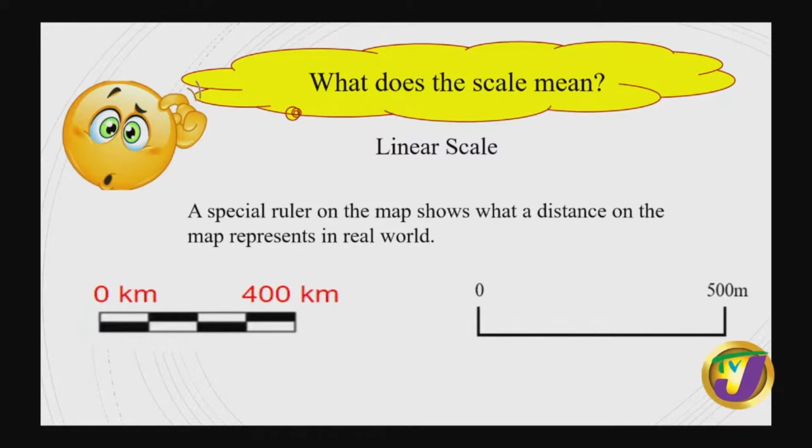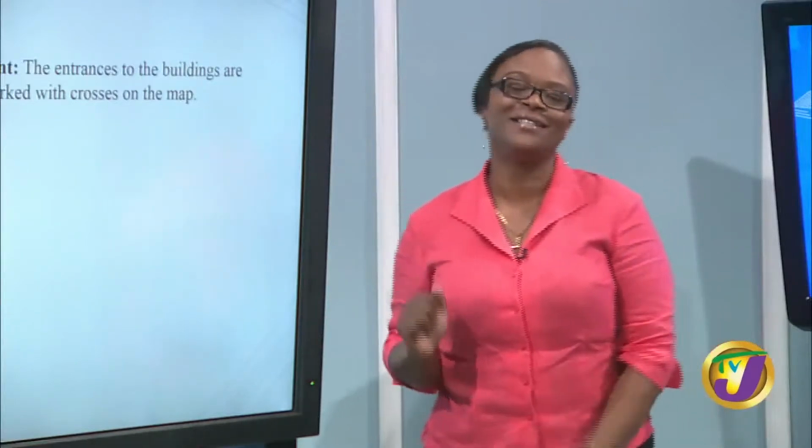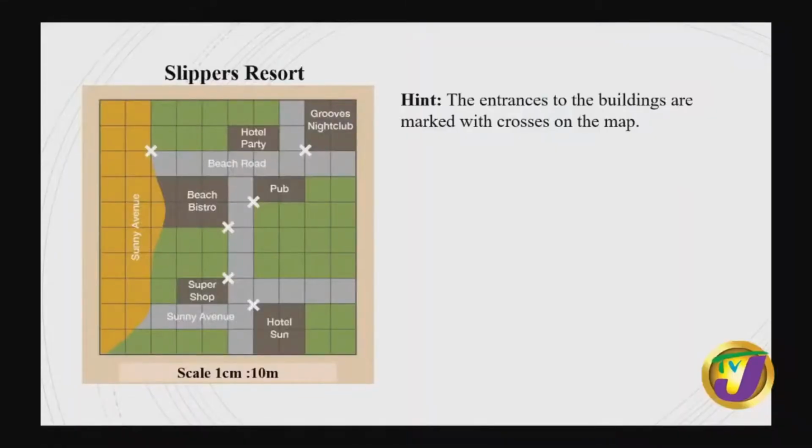So let's see how we're going to be using this information. Now here we have this resort. It's called Slippers Resort, right? And here's a hint. The entrances to the buildings are marked with a cross on the map. So wherever you see the cross on the map, that speaks to the entrance to the building. Good?